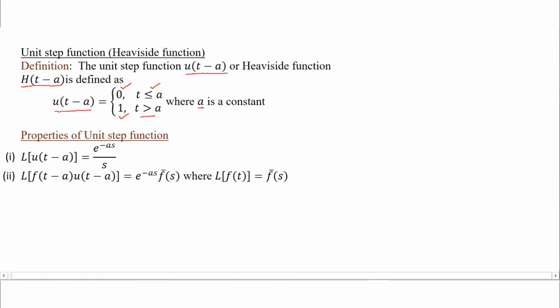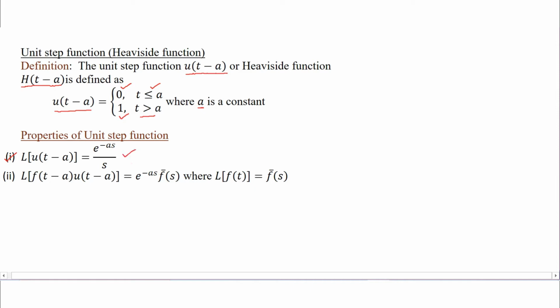Let us see some of the properties of the unit step function. The first property: the Laplace transform of the unit step function u of t minus a is equal to e power of minus as divided by s.